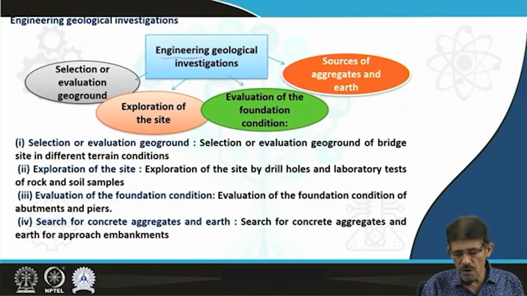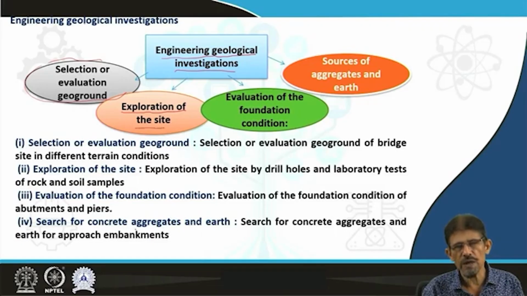Regarding the detailed geological investigation with engineering touch, as engineering geological investigations, we are going to first target selection or evaluation of geoground based on different characteristics of ground in view of geology, in view of geotechnical response, in view of the geomechanical attributes, etc. Then for the subsurface evaluation and visualization of ground, we are going for the exploration of the site through various exploratory drills and various subsurface mapping techniques involving geophysics and others.